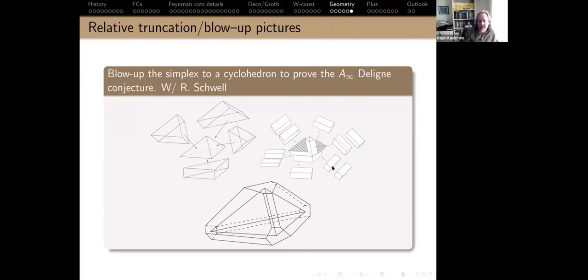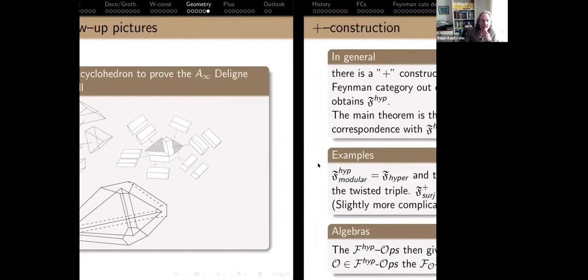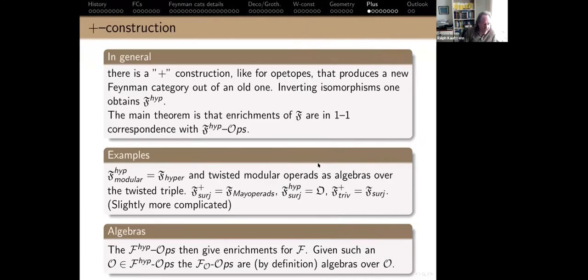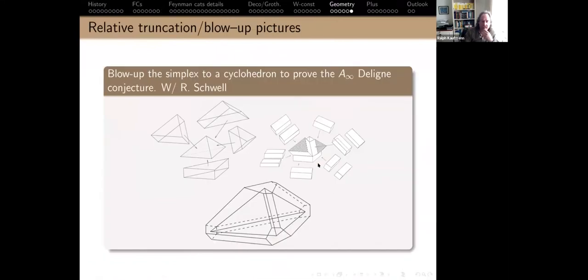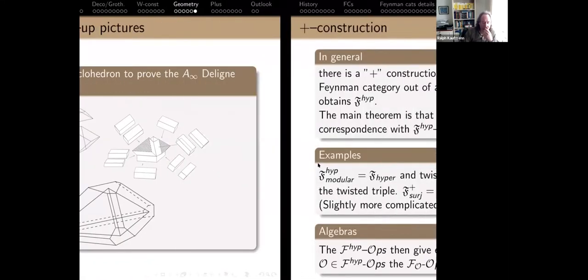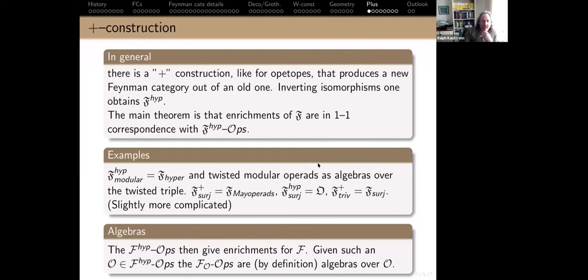So you see the cubes, or prisms, that are being glued on. From that, if you start with a simplex, you glue on stuff and you end up in the cyclohedron, which we also see. This was in the talk of blowups, the full blowup of the simplex in Joanna's talk.